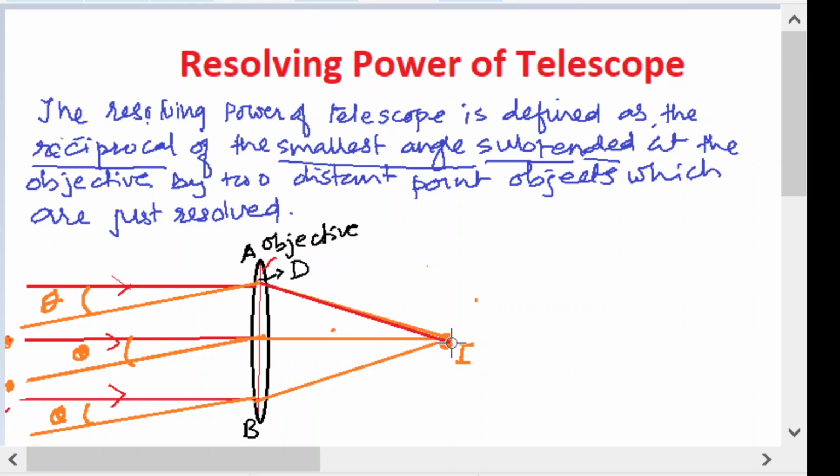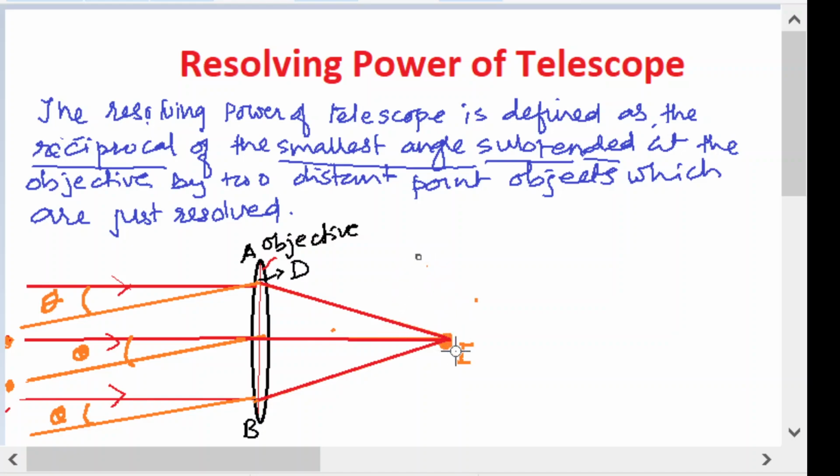This is the first source, and the light coming from the first source we are showing by red light.